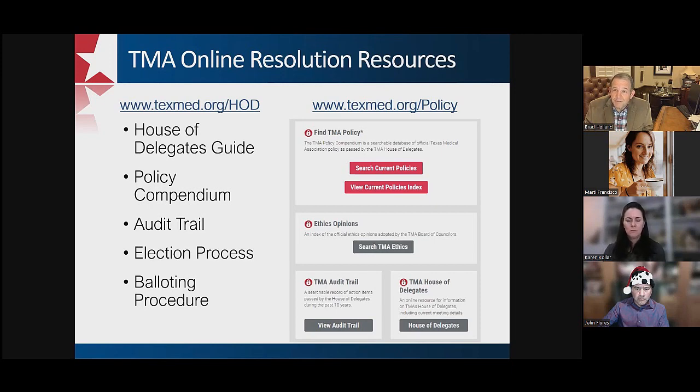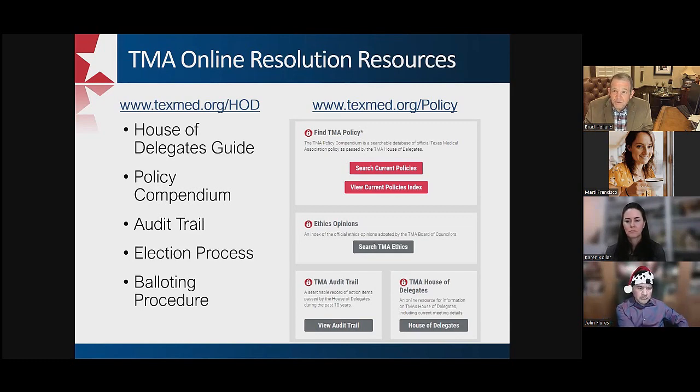We don't just give it away for free to the media or anybody else that may be searching. So now you'll see on the right side a little lock sign, and anything with a lock sign, like Find TMA Policy or Ethics Opinions, the Audit Trail, and further on the House of Delegates, you have to be logged in because that is behind a paywall. You have to be a member to see that.